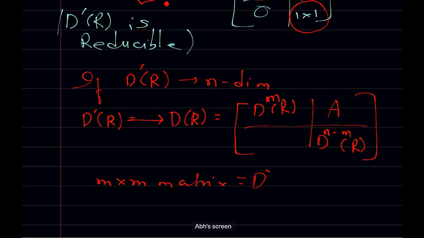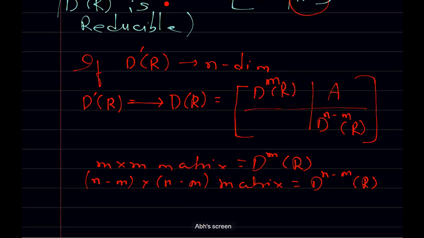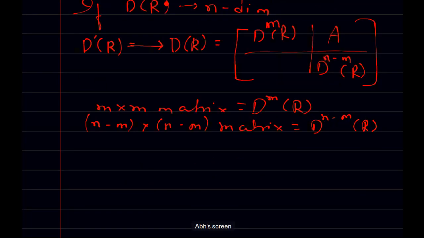So D m of R is an m-dimensional representation of R, and the lower one is nothing but an n minus m cross n minus m matrix, which is D n minus m of R. And you say that okay, you have an n minus m dimensional representation of the same group element R. Okay, this is some mathematical stuff that you'll find in books, so I just mentioned it for simplicity, so that when you read there is no issue.